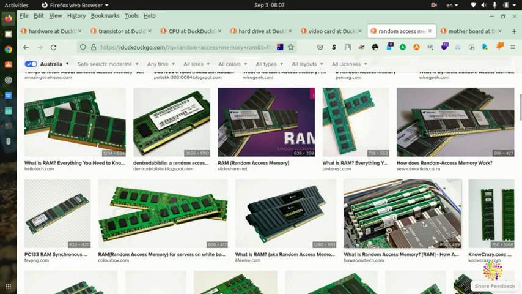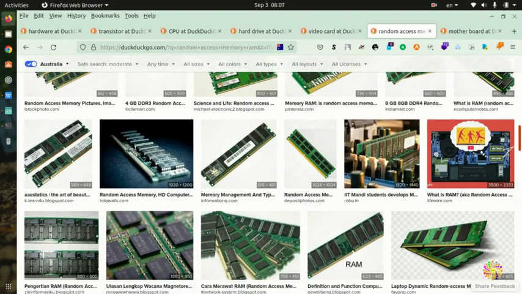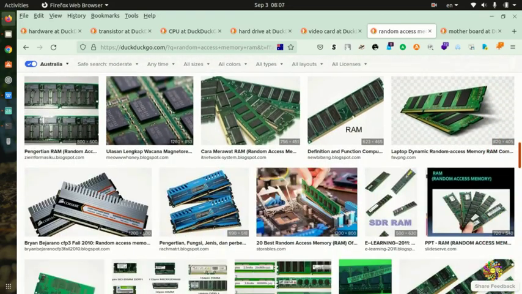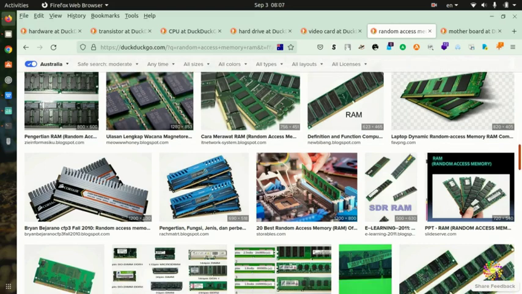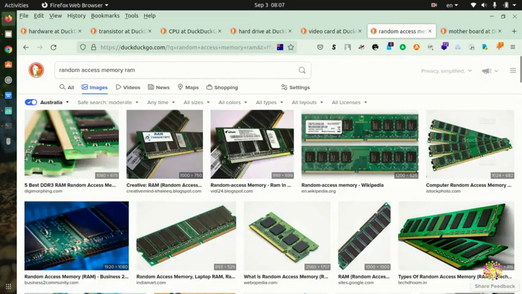For example, if you're getting 2 gigabytes, you can put it here. You can buy it yourself and increase it yourself too. Sometimes it comes in 2 gigabytes, sometimes in 4 gigabytes, and you can put it like this inside the computer and increase it that way. This is random access memory.